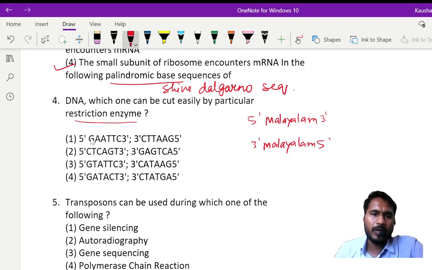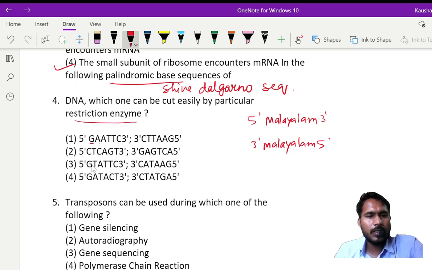If you read from 5 prime to 3 prime, GAATTC, and if you read from 3 prime to 5 prime, again you get GAATTC.